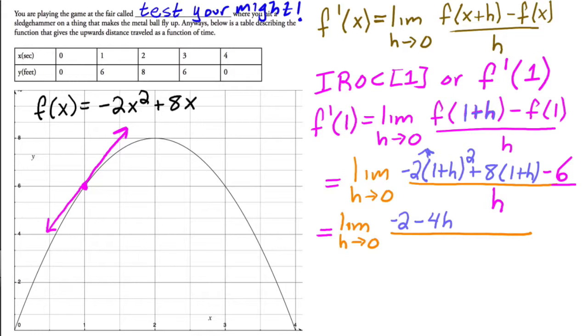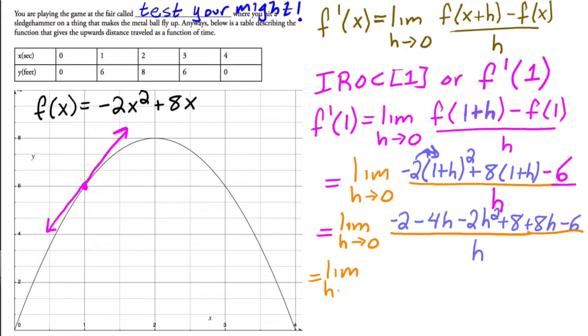Now, of course, you FOIL this first and then you distribute the 2. And then minus 2h squared. And then plus 8 plus 8h minus 6, all over h.